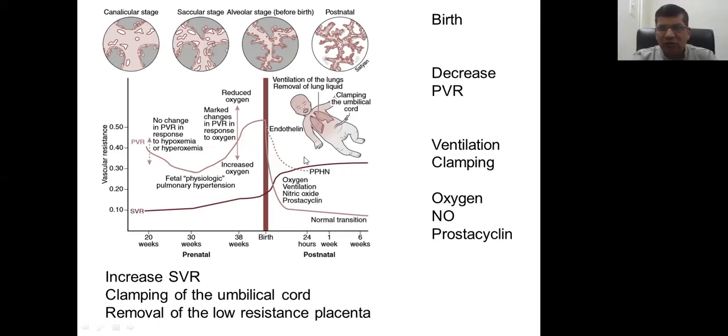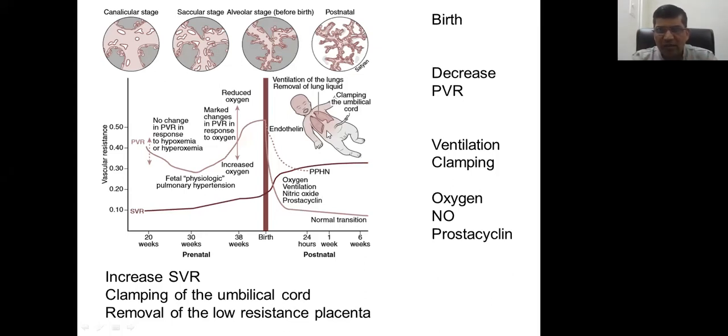What I was trying to say is that there is a shift of blood flow. Lung fluid is replaced by air, with a decrease in pulmonary vascular resistance and an increase in systemic vascular resistance. The main mechanisms are ventilation of the lung, oxygenation, and the use of nitric oxide.